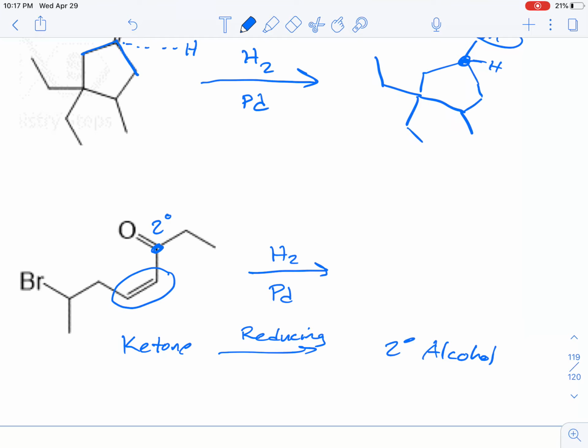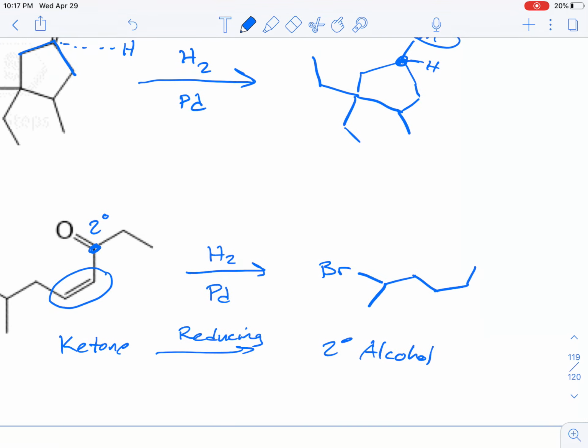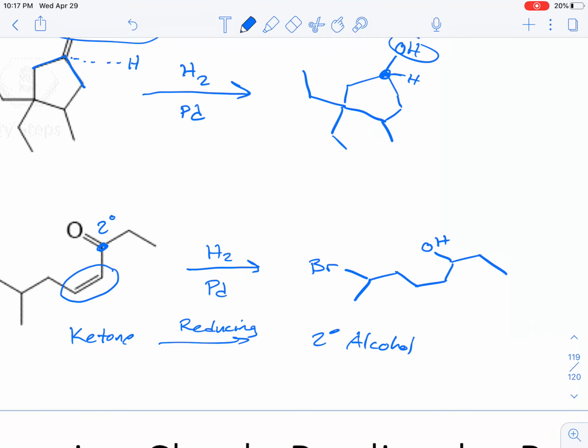It will convert that double bond into a single bond. So my final answer is just going to be this carbon chain with no double bonds, and everything is converted to alcohol.